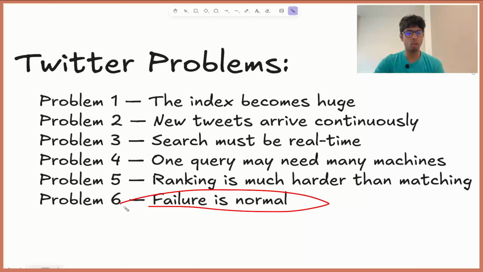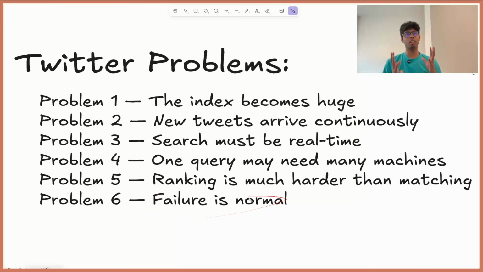And failures are normal. Basically, let's say we sharded our inverted indexes database somehow, and then if one of the machines dies, how are we going to return those particular tweets?